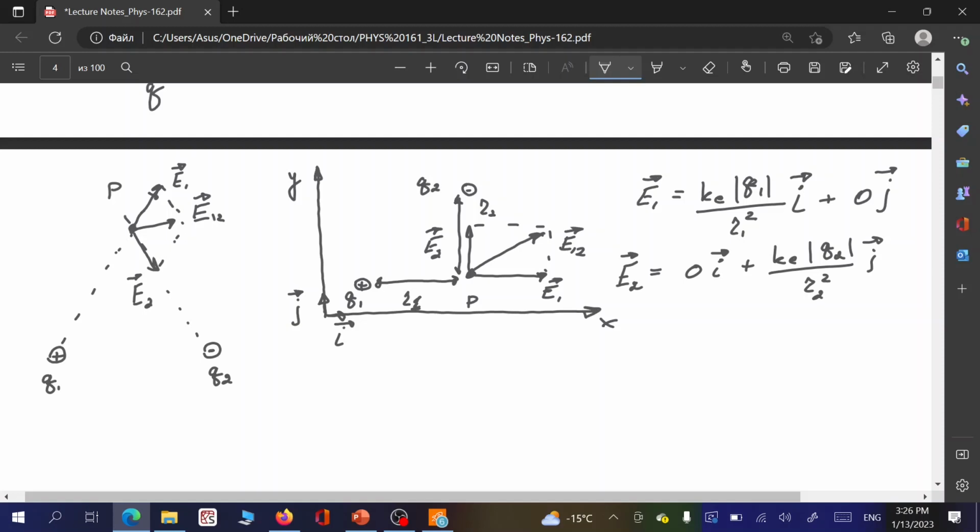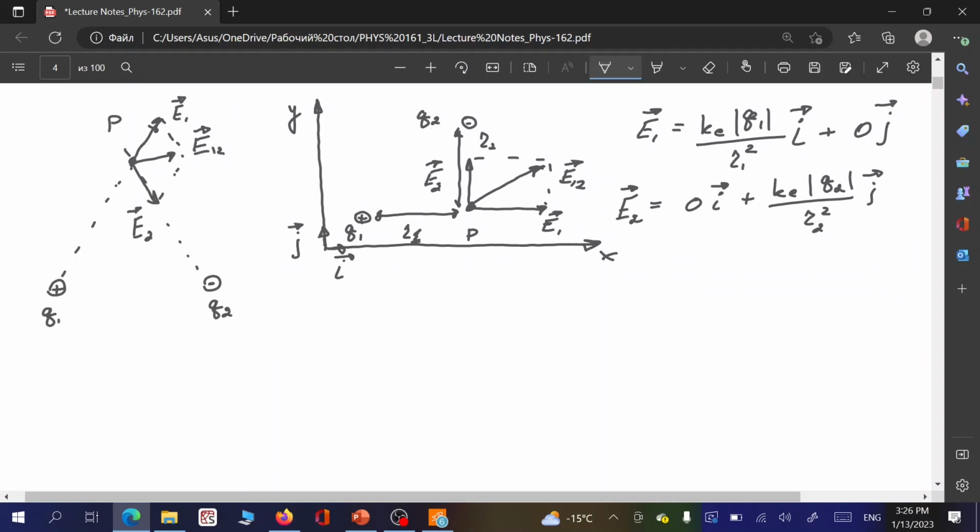So we have our electric field vectors created by the first and second electric charges at this point P. Obviously now we need to sum them up, and since they are written in unit vector form, it is quite easy to do analytically. So we can get the final expression for the resultant electric field vector at point P as the sum of vectors E1 and E2.